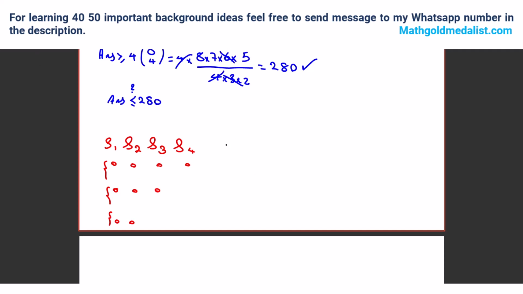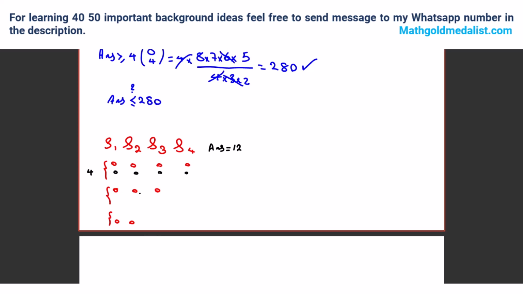For 4, the answer was what? Oh, so these elements should be a multiple of 4. This plus this should be a multiple of 3, right? So, for example, if you consider 4 elements here, let's consider exactly 4.